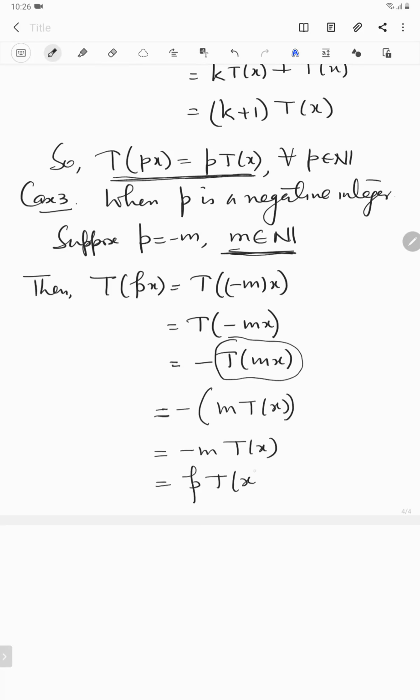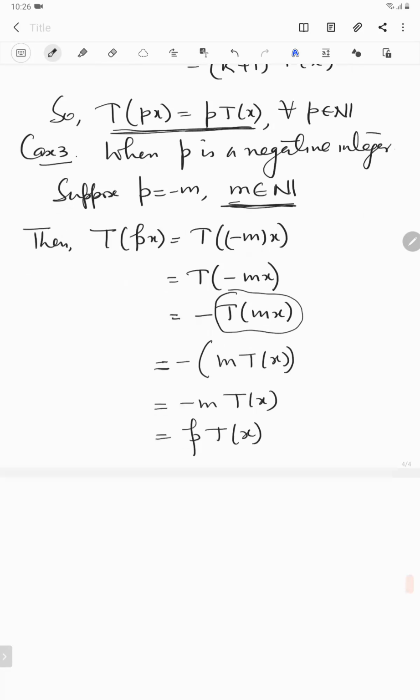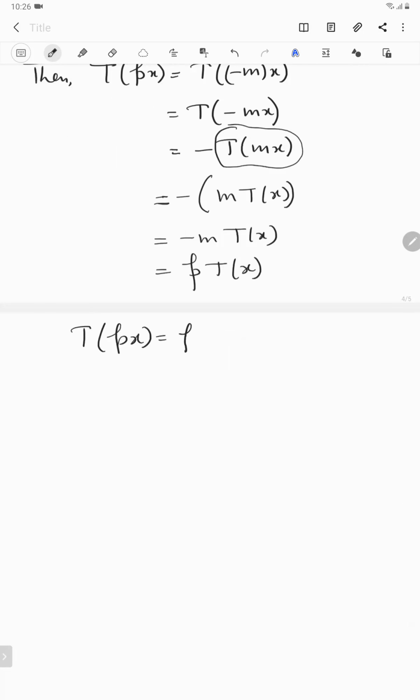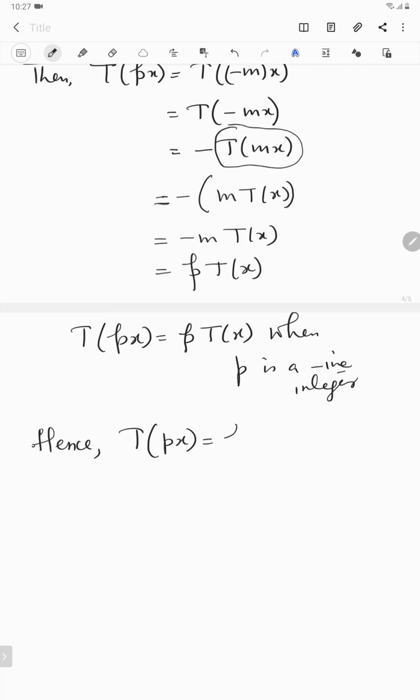So t of px is equal to p of tx when p happens to be a negative integer. So combining all the three cases, you can say that t of px is equal to p of tx for every p in Z and x in V.